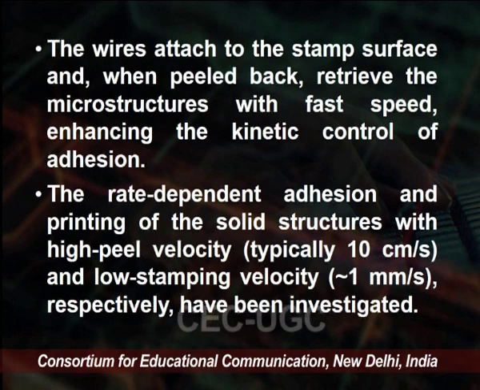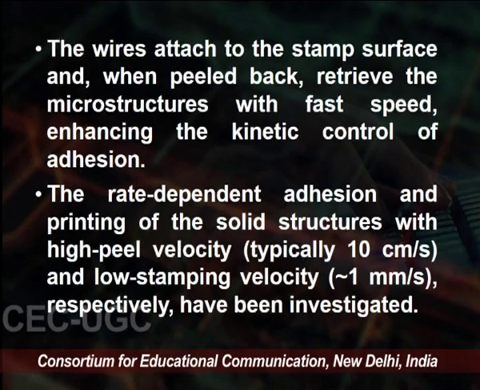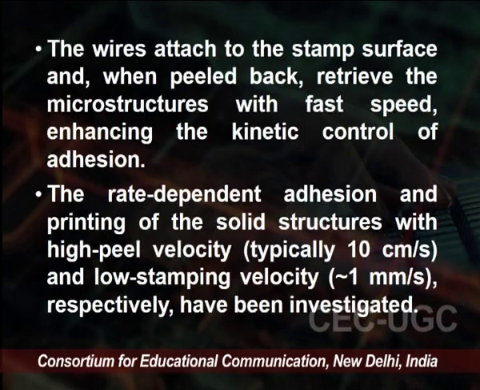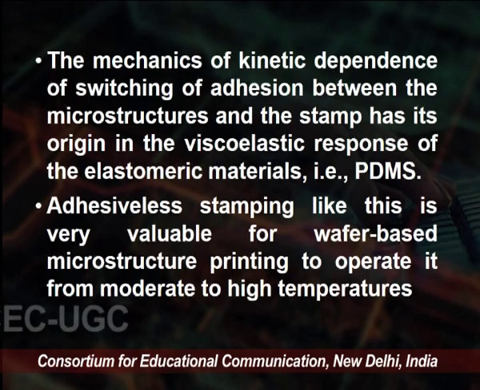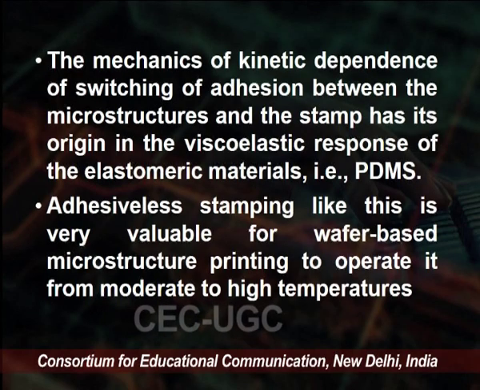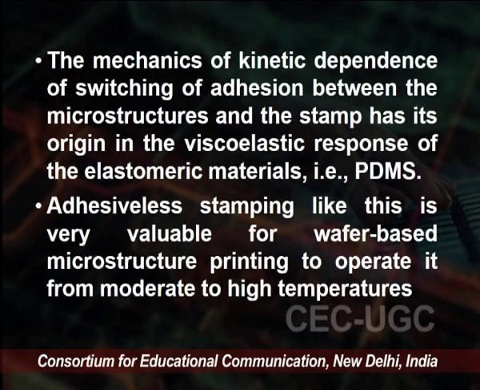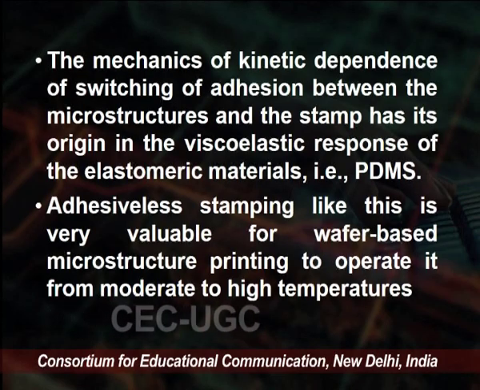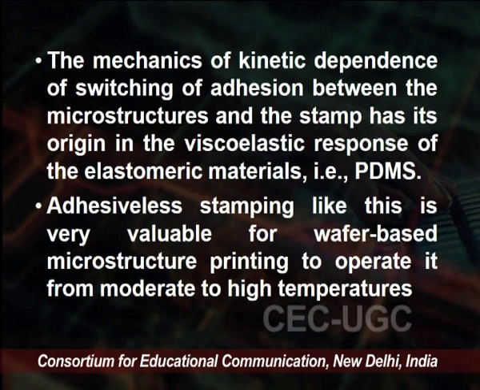The rate dependent adhesion and the printing of solid structures with high peel velocity and low stamping velocity have been investigated by using this method. The mechanics of the kinetic dependence of switching of the adhesion between the microstructure and the stamp has its origin in the viscoelastic response of the elastomeric structure, and moreover we have PDMS in this case.